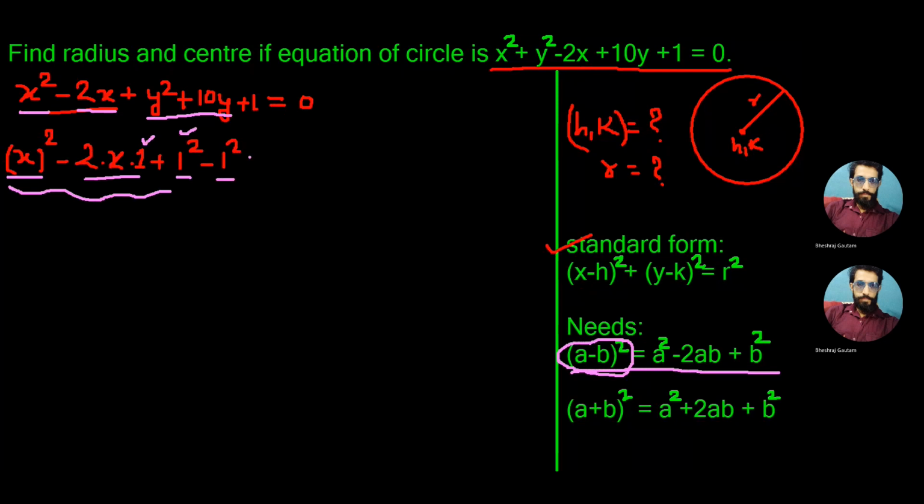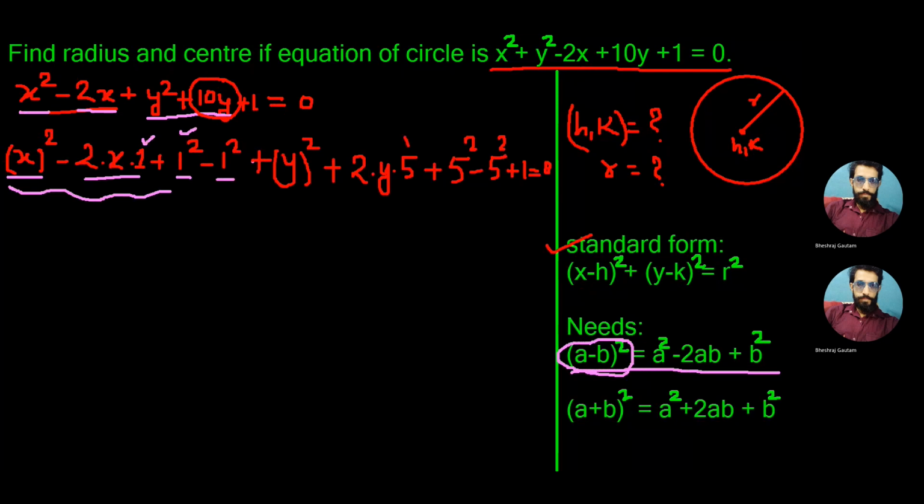So we write plus y inside the bracket and square outside, plus, breaking this 10y, we can write 2 into y into 5, plus, now we'll write 5 square, minus, we'll write same 5 square, plus 1 from the question, from above equation, is equal to 0.